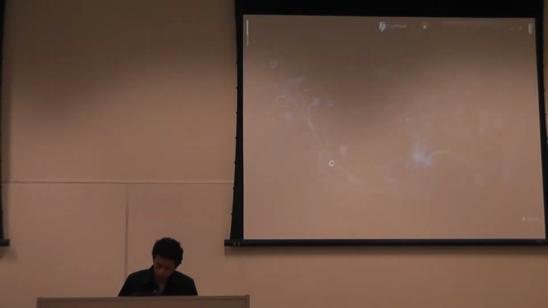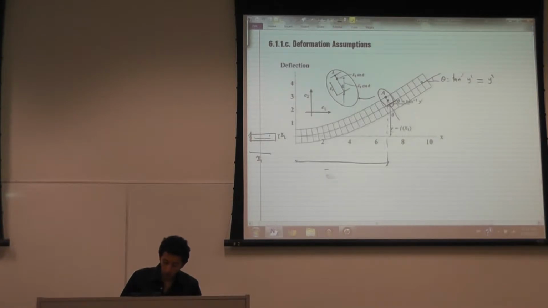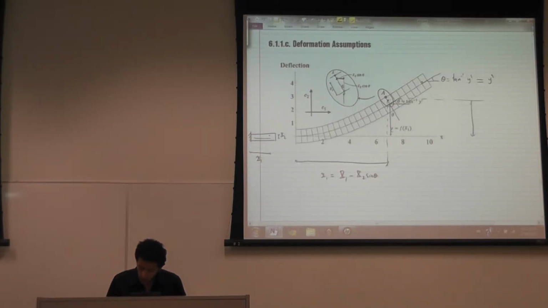The new location of the point, small x1, is equal to capital X1 minus x2 sine theta, and the vertical position of the point is equal to y plus x2 cosine theta.